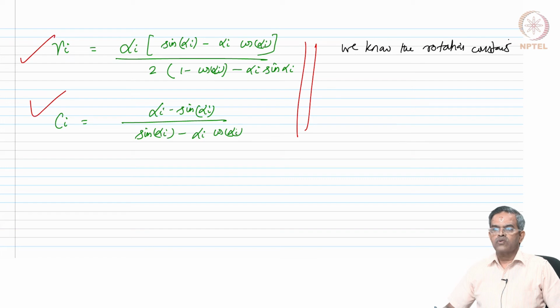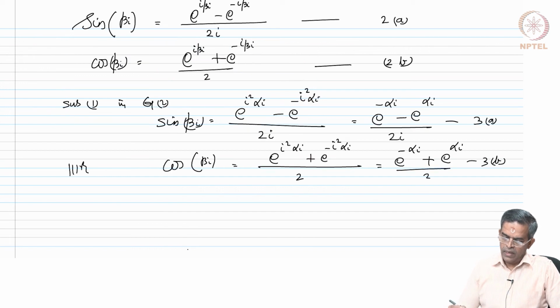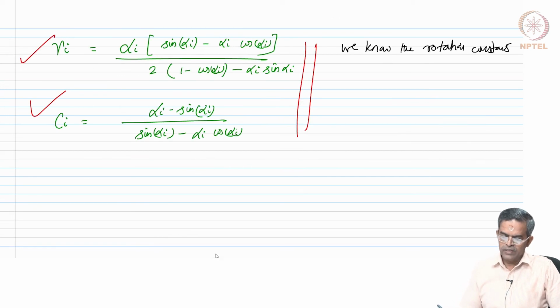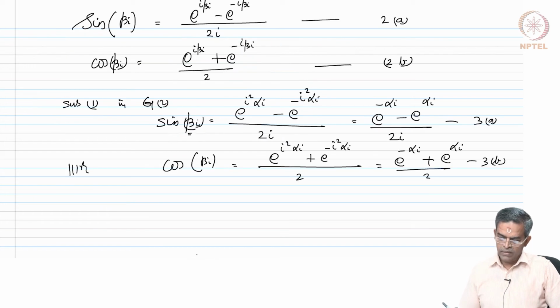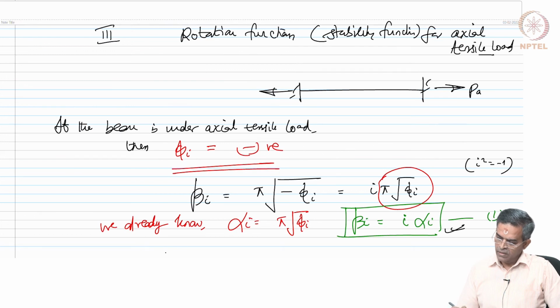Now, what I am going to do is replace alpha with beta I. Beta I will be I alpha I, you can see that.